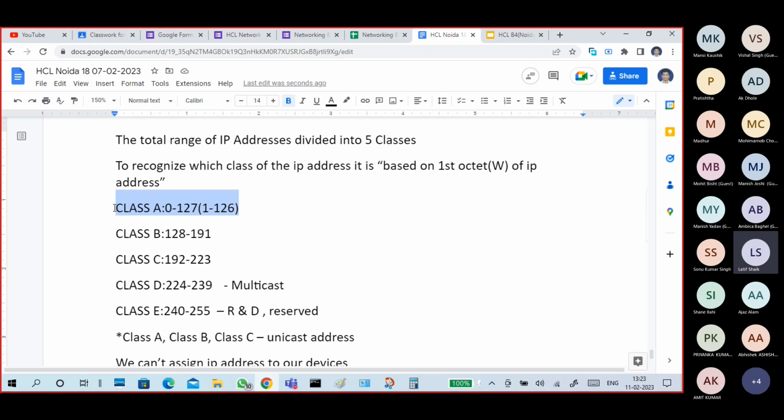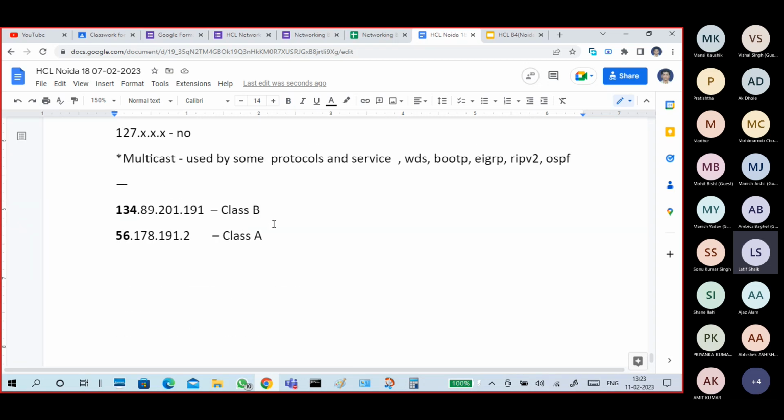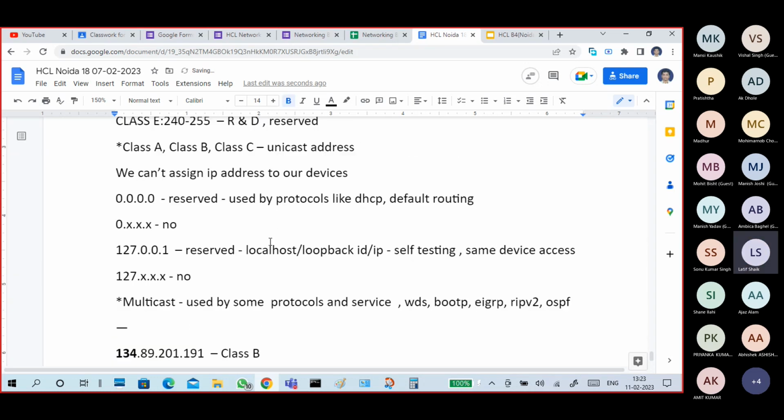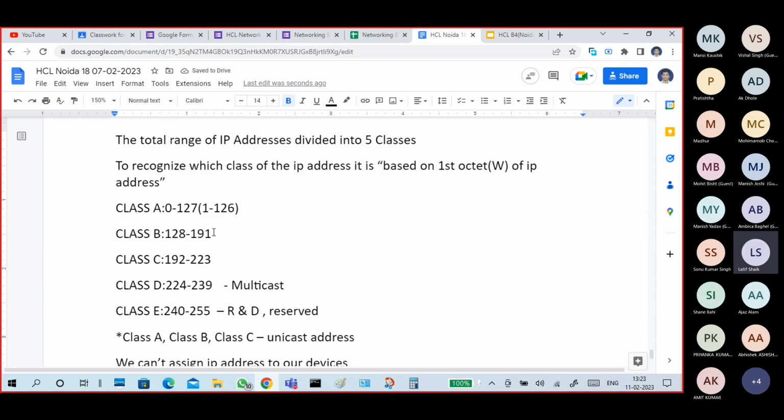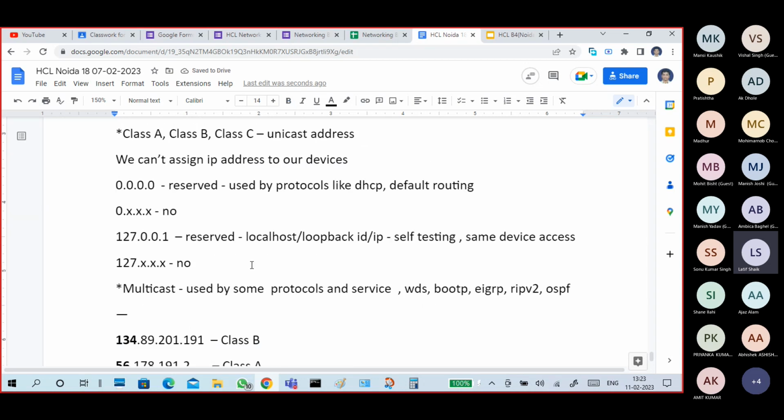What is the range? 56 is in class A. Good, guys. Class B. Very good. So how to know? Check the first octet and go to the list. Class B, 156.